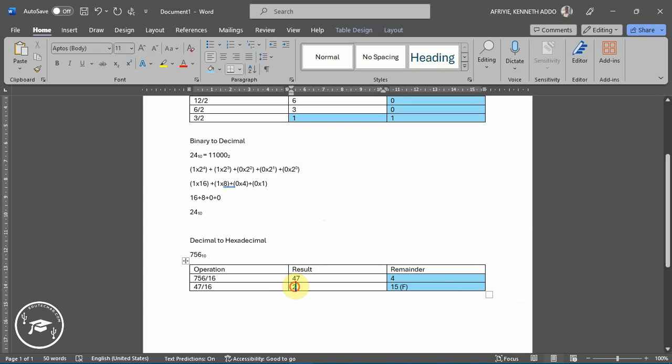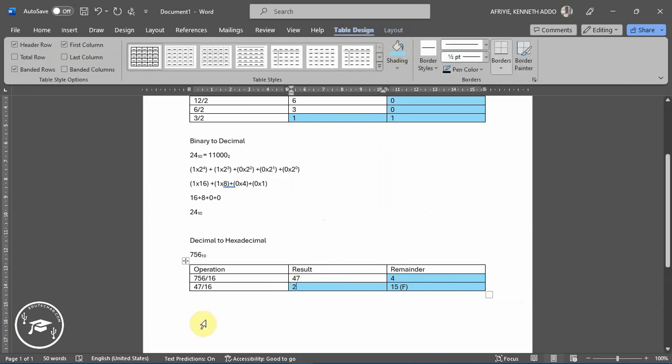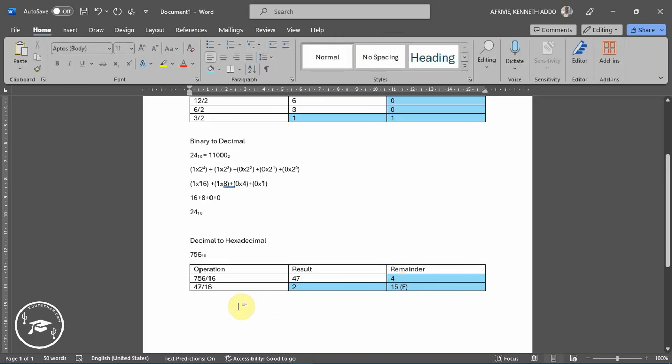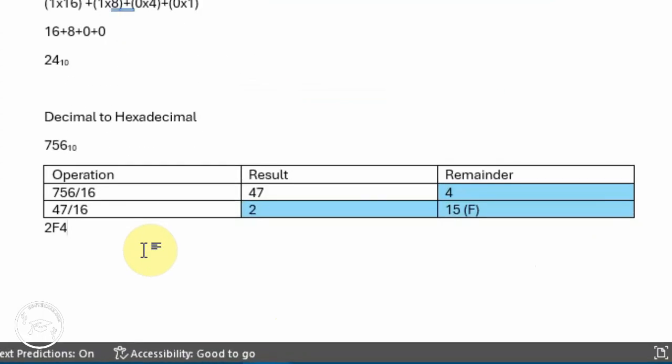So now we have this here. 2, since 16 can no longer divide this number, so we are left with 2, 15, 4. And remember, we don't have 15, so we are left with F. So we are going to get 2F4, which is base what? 16.